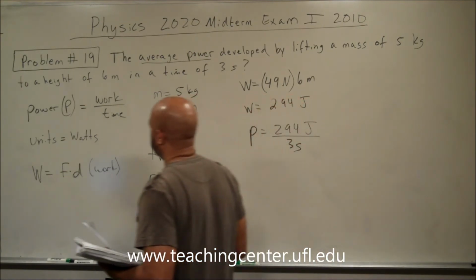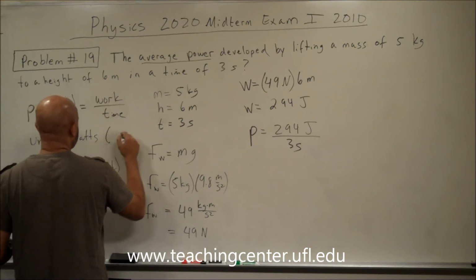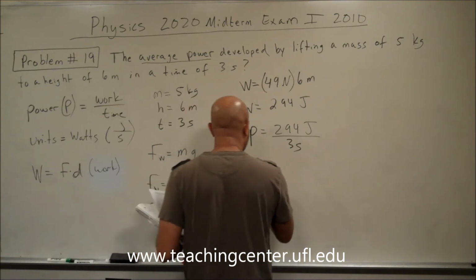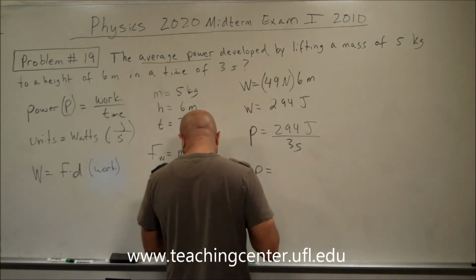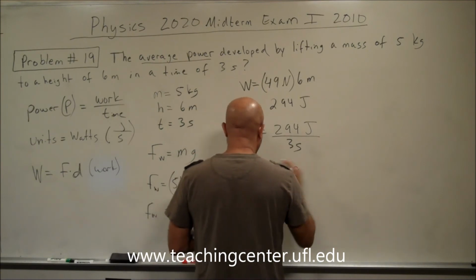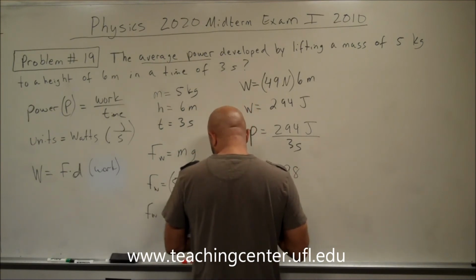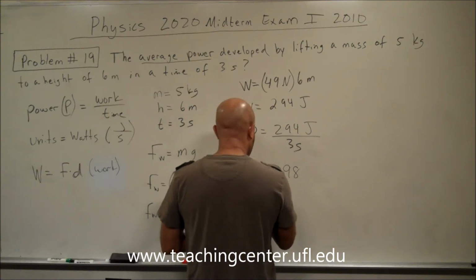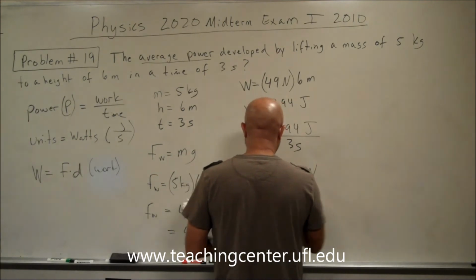All right. So units for power also are joules per second. So the power is equal to 98 watts.